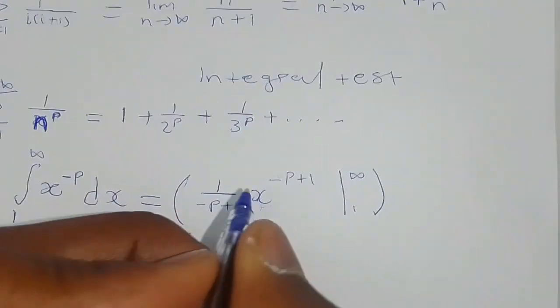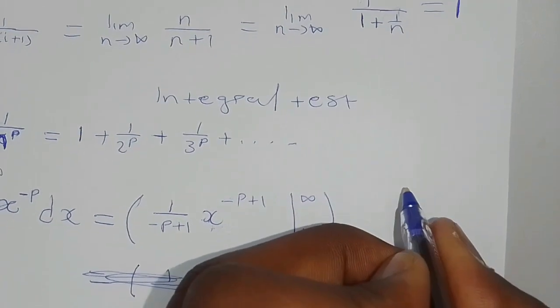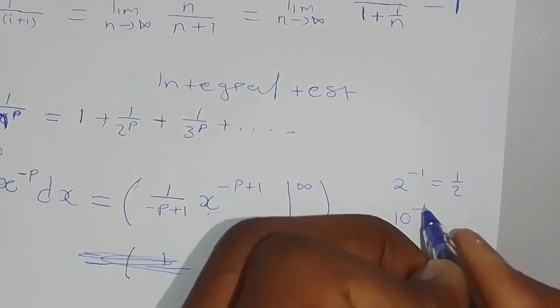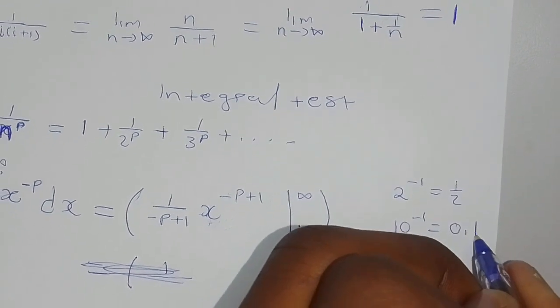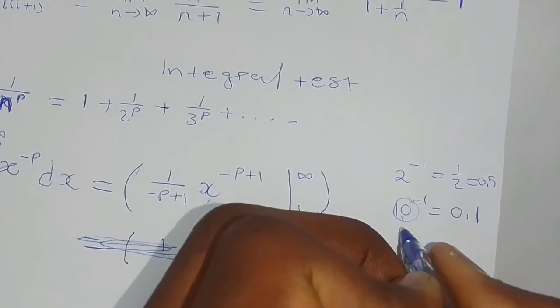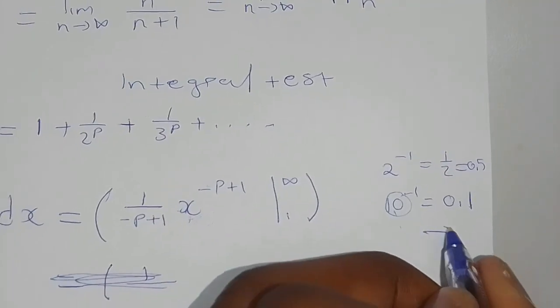The larger the number, the smaller that value becomes. For example, 2 raised to minus 1 is half, but 10 to the minus 1 is 0.1. Notice that as this value increases and increases, as long as we have a negative exponent, that value will approach 0.